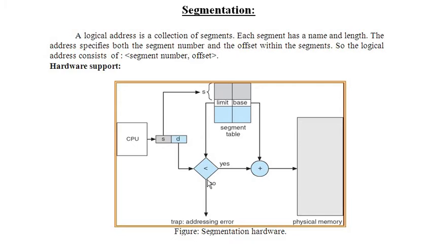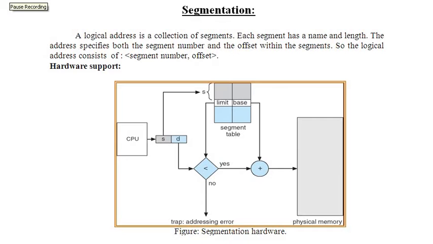If not, it is called a trap, and the operating system says it's an illegal action, an unauthorized attempt to access the memory. I think you got the point. The offset value should be less than the limit value. Once we discuss an example, we will know how exactly it works.